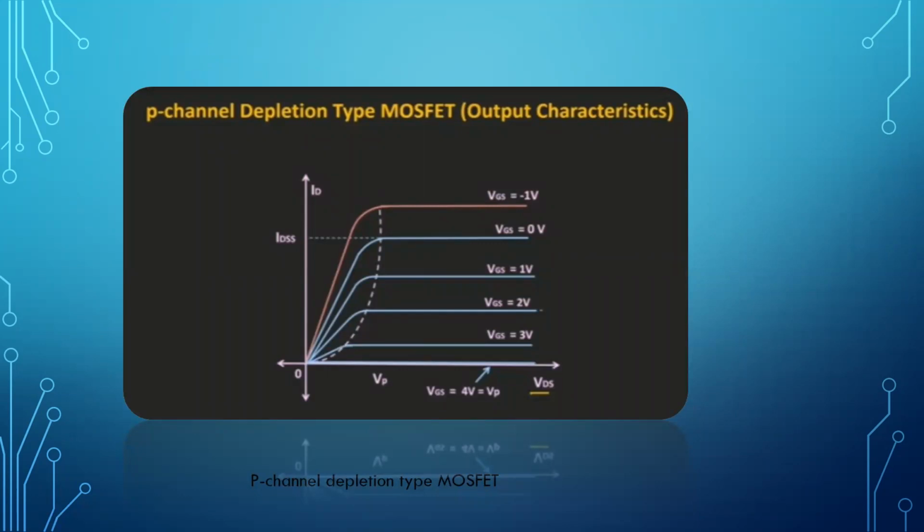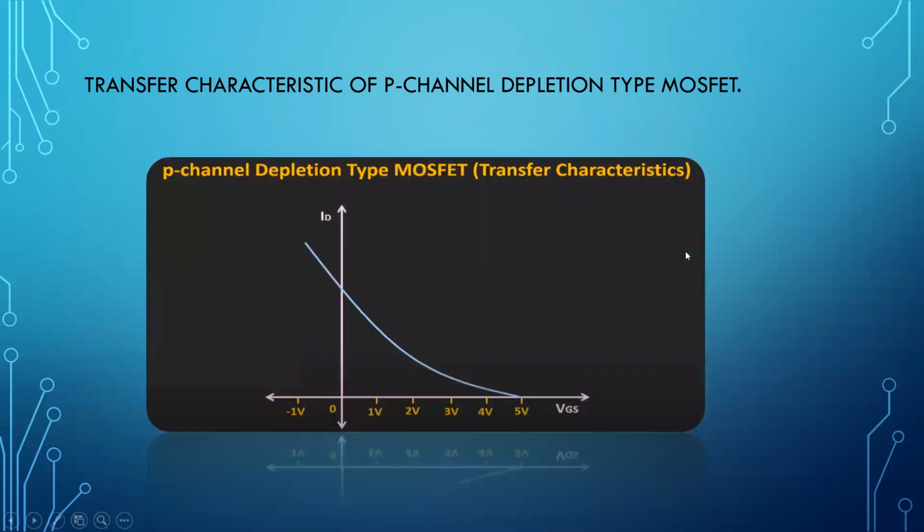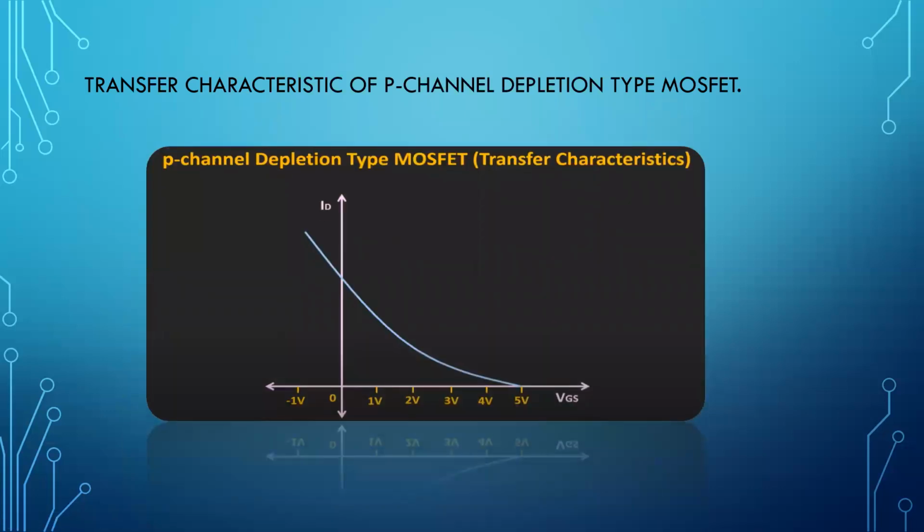As we keep on increasing VGS, the drain current ID will reduce, and at the pinch-off voltage this drain current ID will become 0. Whenever VGS is negative, the value of drain current ID will be even higher than IDSS. And similarly, this is the transfer characteristic of the P-channel depletion type MOSFET.